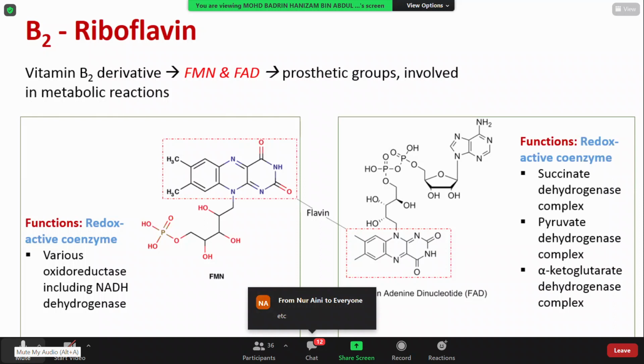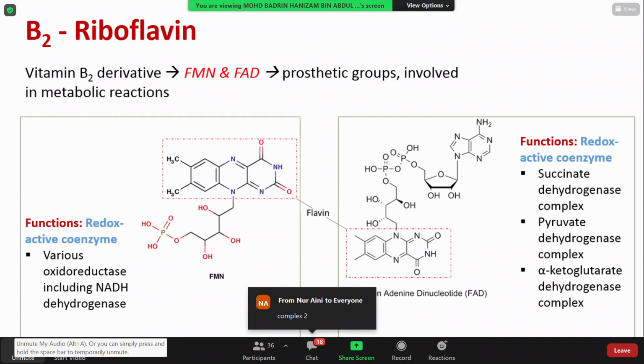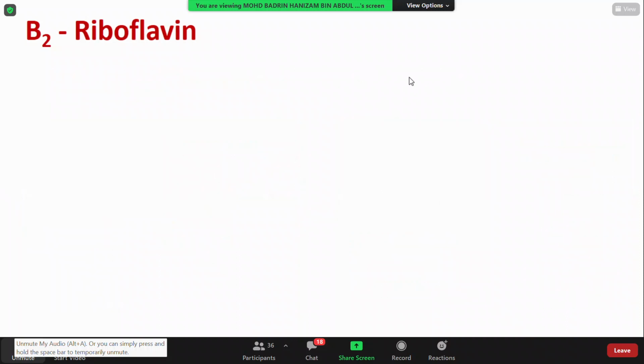I only know the TCA cycle. ETC? ETC, in which complex? Wong Meiki. Complex 2. Alright, thank you very much everyone. Okay, so complex 2 and the TCA cycle, right?